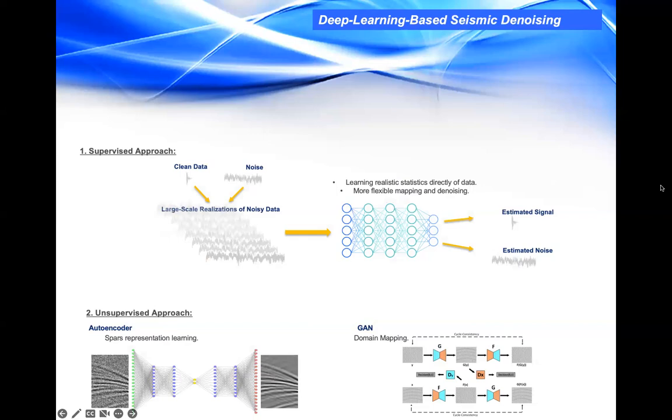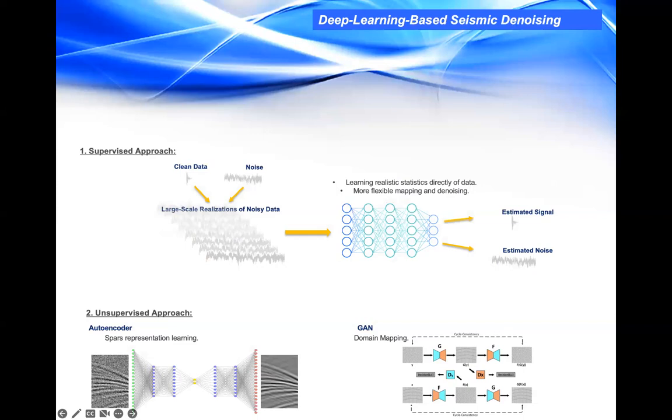Autoencoders are a type of deep neural networks. They first encode an input signal into a low dimension feature set and then learn to decode it back into the original signal. And in this process, they learn to basically ignore the less important features or weaker components of the input signal that usually correspond to the noise. So although these models do not require any clean signal or noise labels for training, they are often only effective for random noise removal.